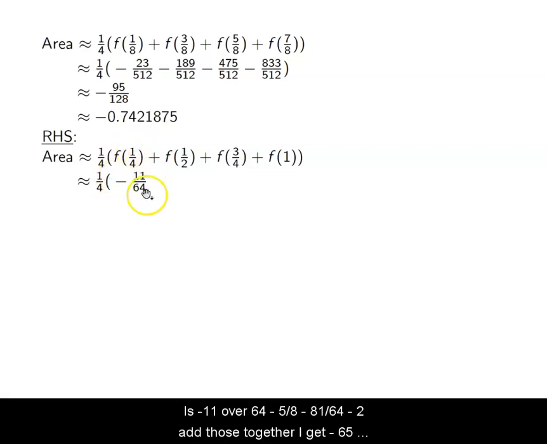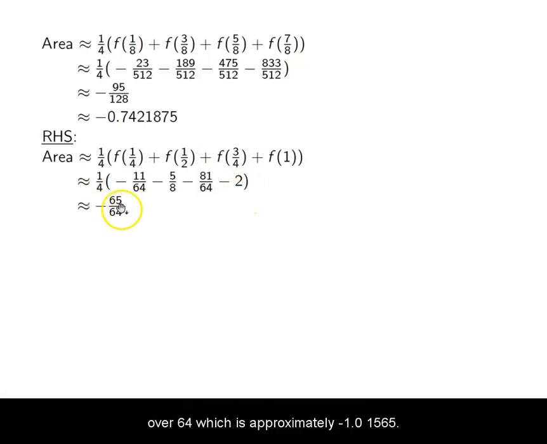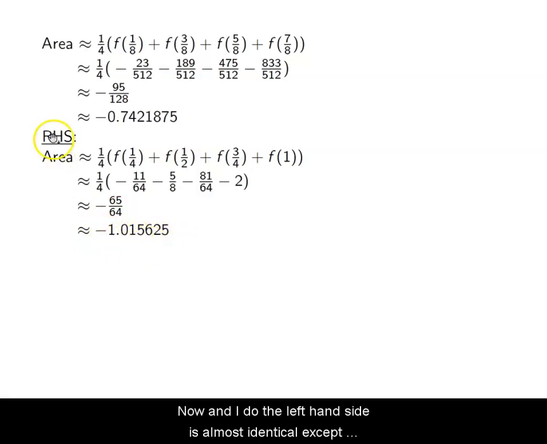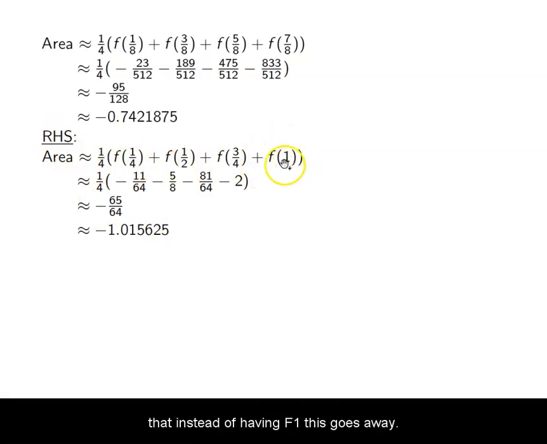I get negative 11 over 64, minus 5/8, minus 81 over 64, minus 2. Add those together, I get negative 65 over 64, which is approximately negative 1.015625.